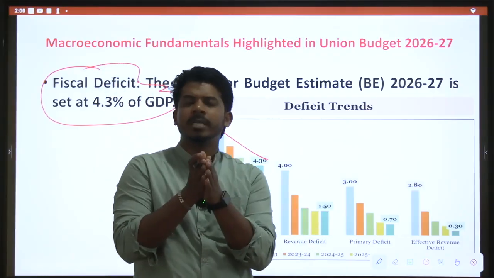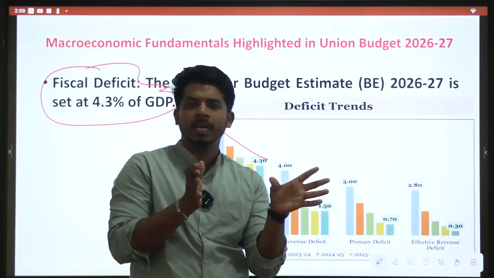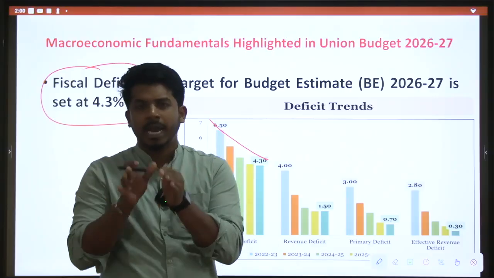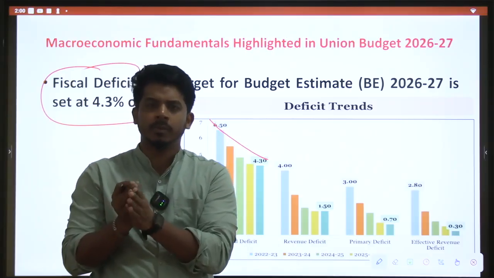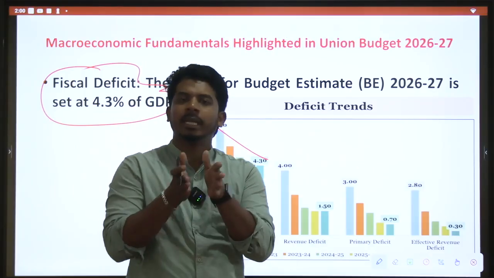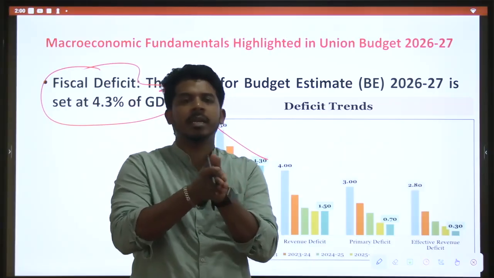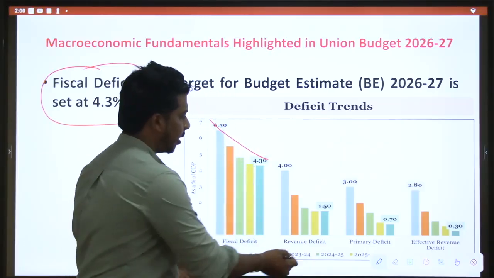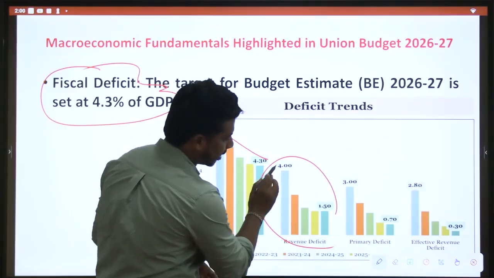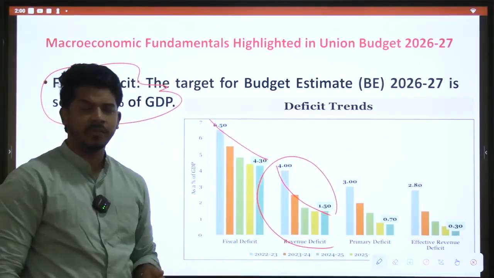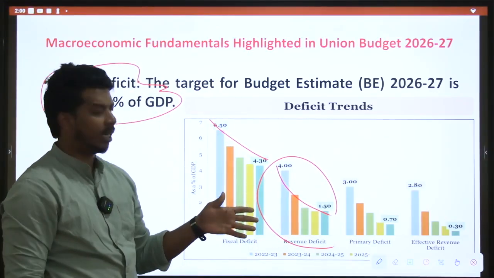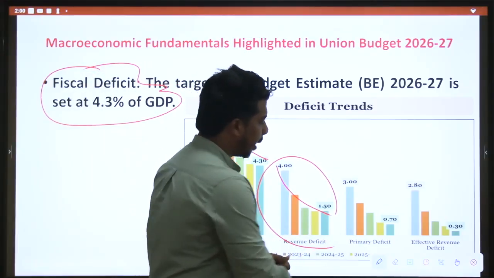We have divided the budget between the capital budget and the revenue budget. In the revenue budget, the difference between revenue expenditure and revenue receipts is the revenue deficit. It is also consistently falling for the past 5 financial years. Then comes the primary deficit.